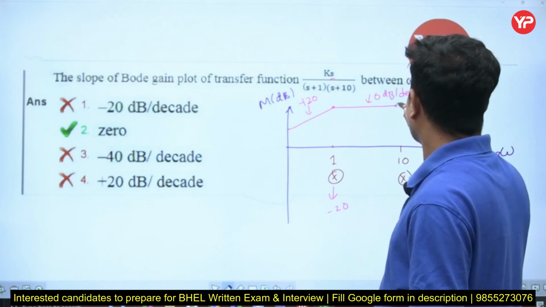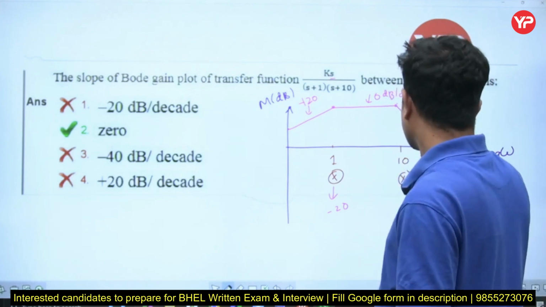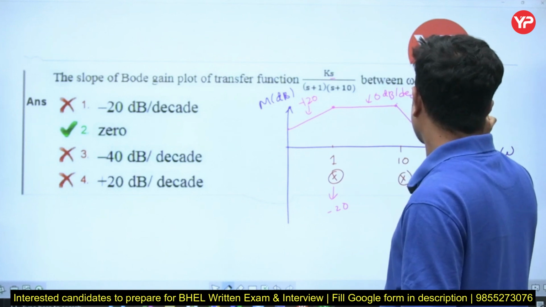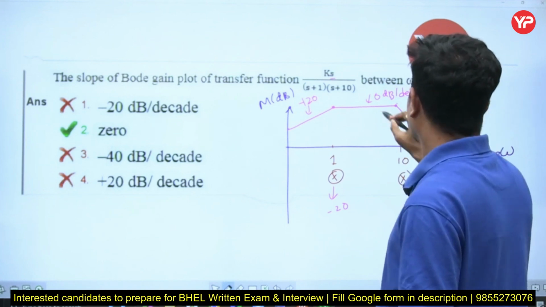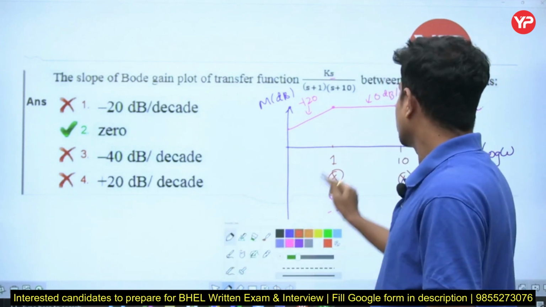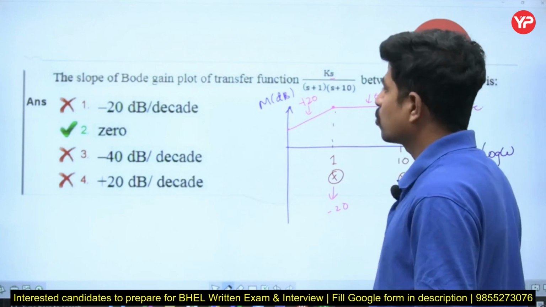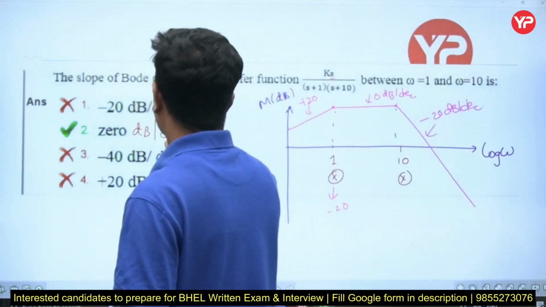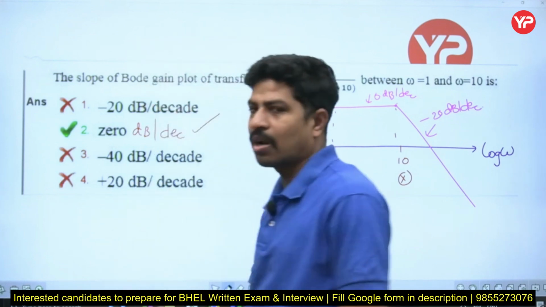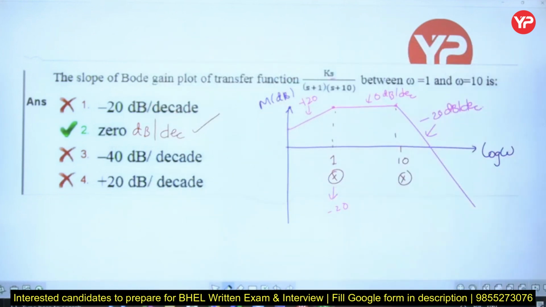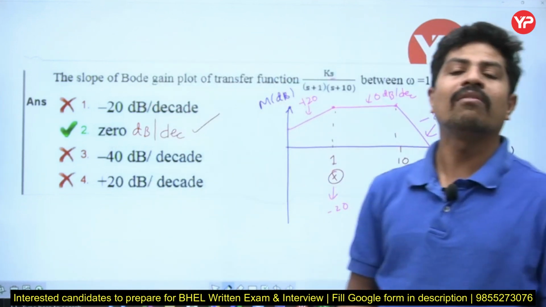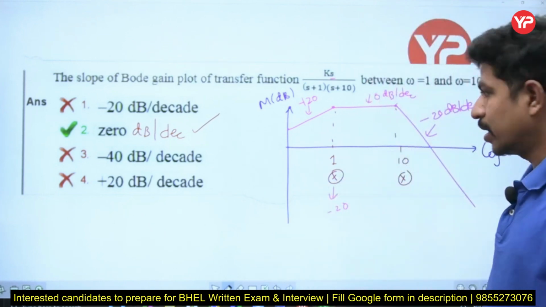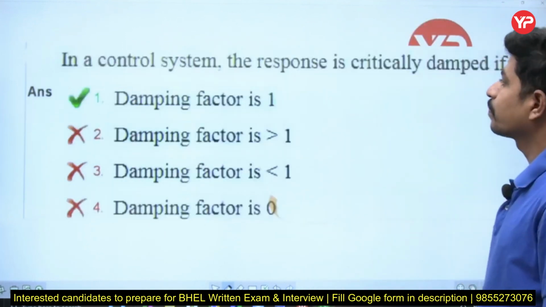Now at 10 it is going to be minus 20 dB per decade. Now this is 0 dB, the slope is 0 dB per decade. Option is 2. This is the rough Bode plot I drew. In our classroom we learned very simply how to sketch a Bode plot. With that we can do it very easily, right?